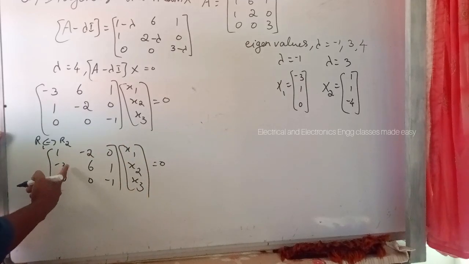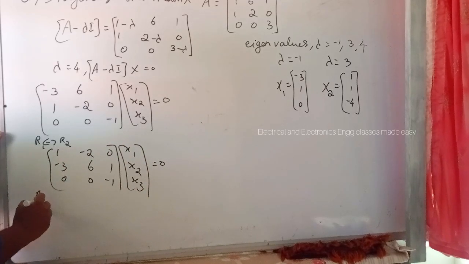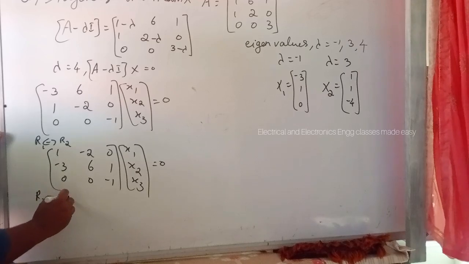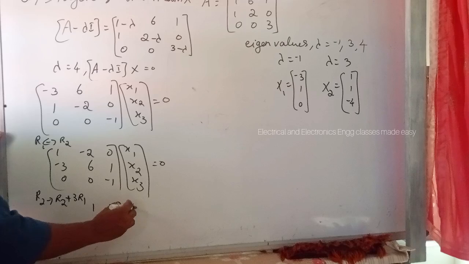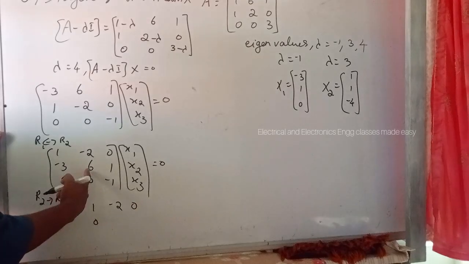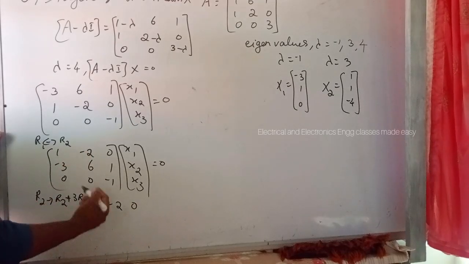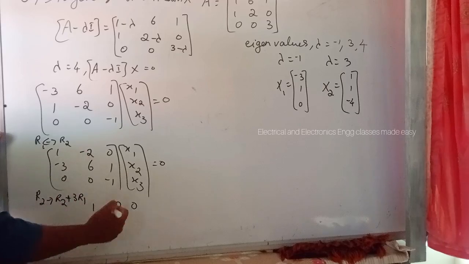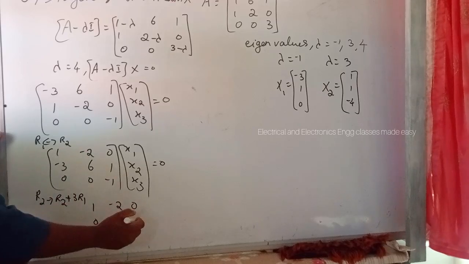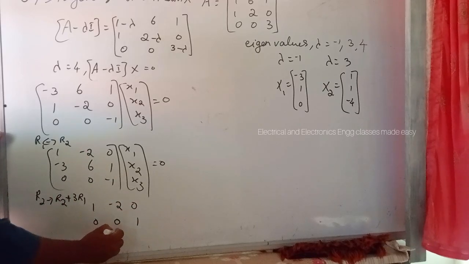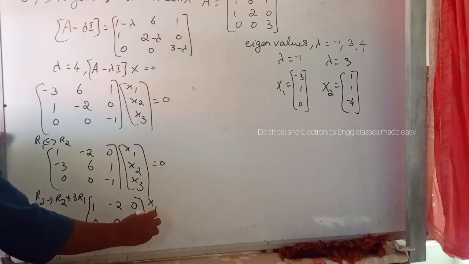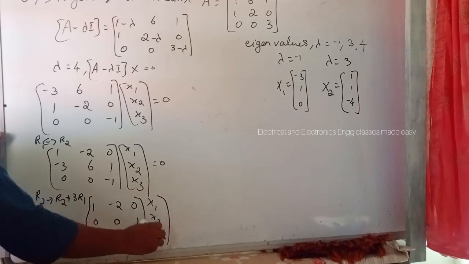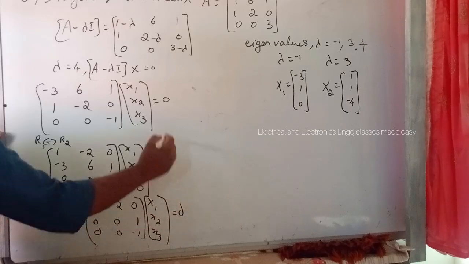Now here we can make this element 0, that is R2 implies R2 plus 3 times R1. 1, minus 2, 0; 0, then 6 plus minus 6, that is 0, then 1; 0, 0, minus 1, into x1, x2, x3 equal to 0.